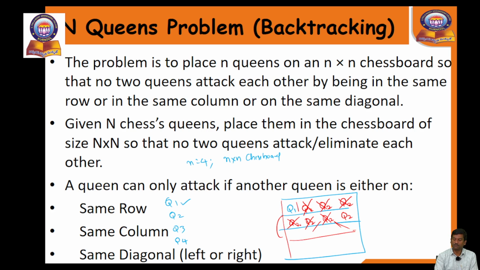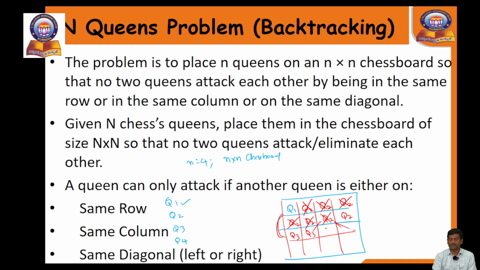When queen 2 is placed in the second row and the fourth column, queen 3 cannot be placed here because these two queens will be under attack. Of course, you can place queen 3 here, but then there is no placement for queen 4.